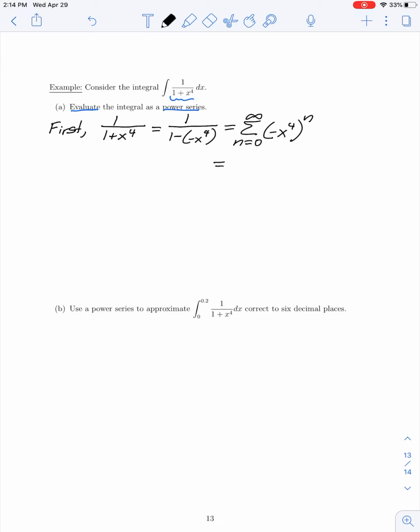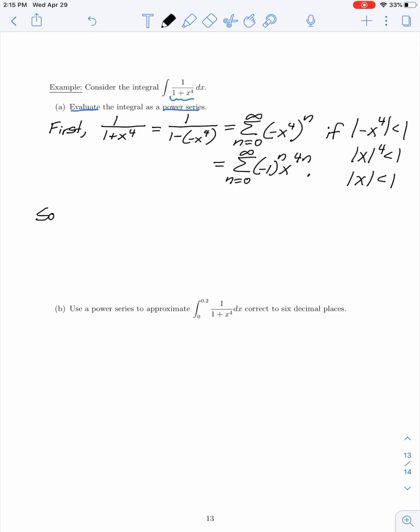Or equivalently, the sum from n equals 0 to infinity of negative 1 to the n times x to the 4n. And we can do this as long as the absolute value of that ratio, which was negative x to the fourth here, is less than 1. So equivalently, the absolute value of x to the fourth has to be less than 1, so the absolute value of x has to be less than 1.